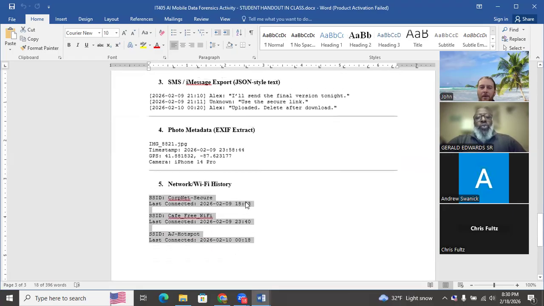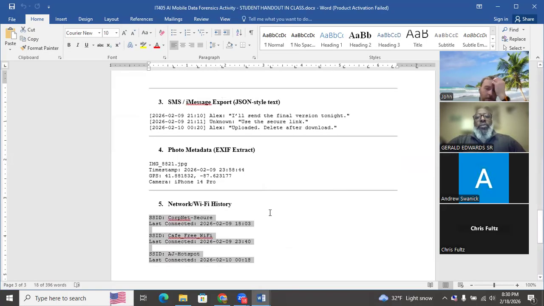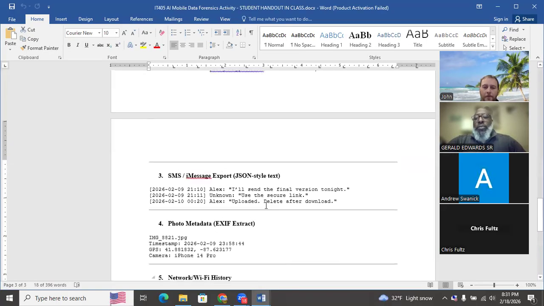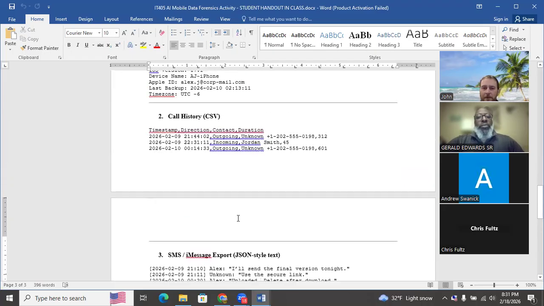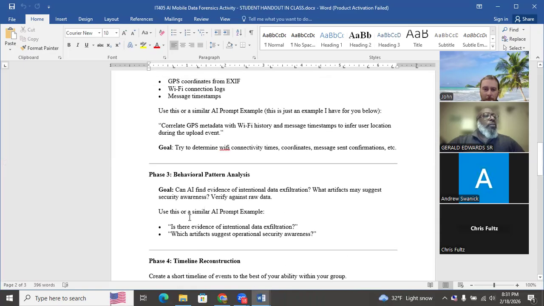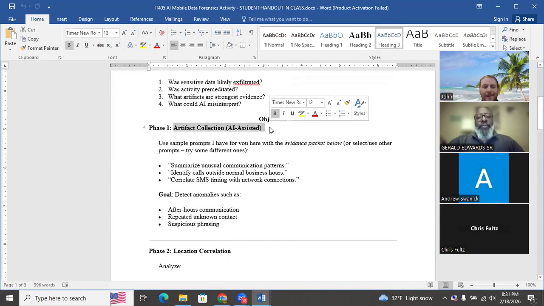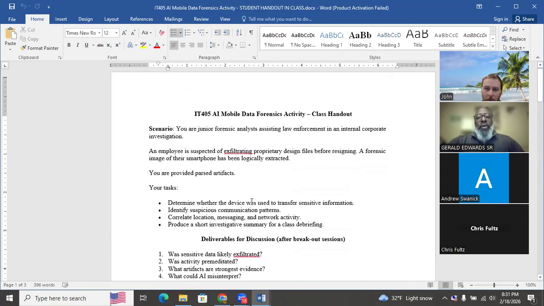This evidence packet simulates what you would receive from Cellebrite or some of the labs we're working on this week. These are samples of things you'd be analyzing. So we're doing timeline reconstruction, behavioral pattern analysis with prompts, location correlation, and artifact collection, which is probably the biggest one of this lab. That would be what I would give you.